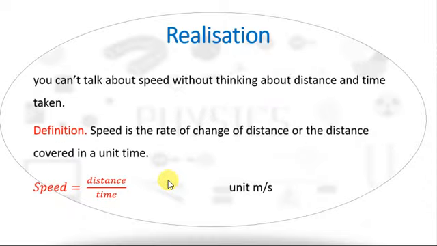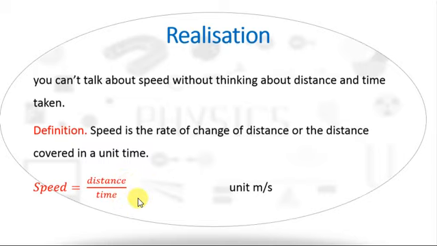So you have divided distance by time to get 1 kilometer per minute. But the unit we use for speed is meters per second, meaning we should always change our distance into meters and then time into what?